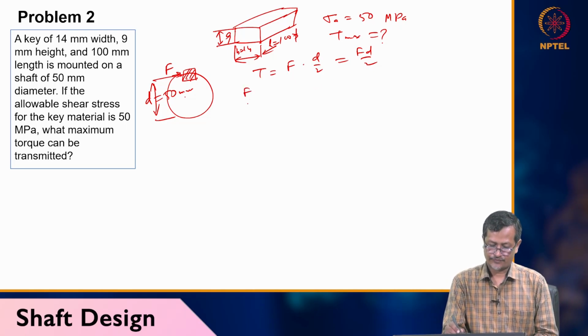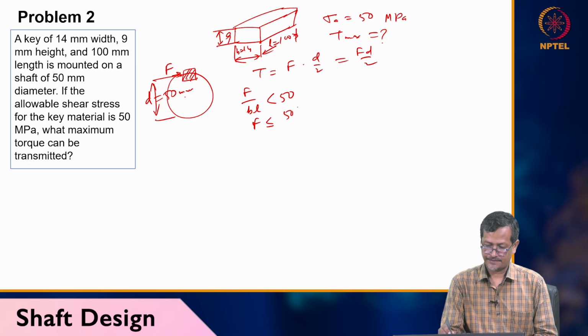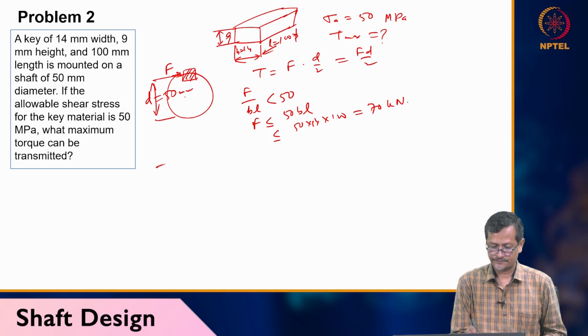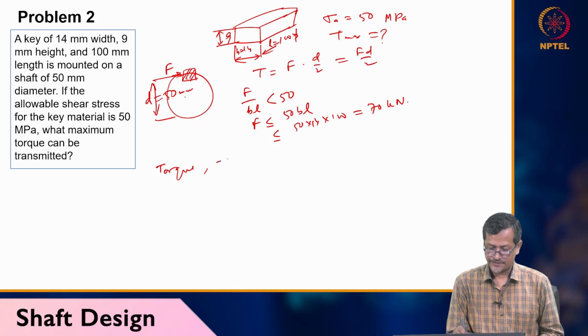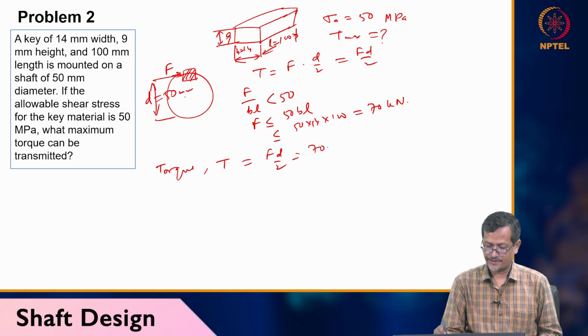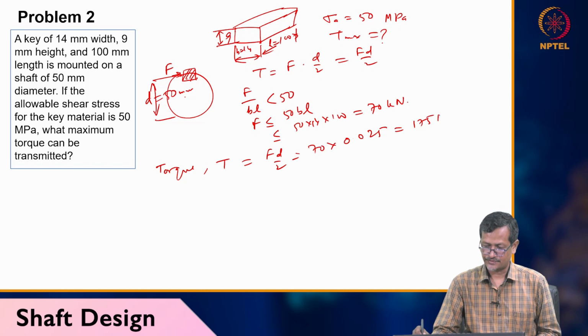So F by BL is less than 50, so F is less than or equal to 50 BL, which is 50 into 14 into 100, equals 70 kilonewton. So torque T equals F D by 2 equals 70 into 0.025 equals 1750 Newton meter.